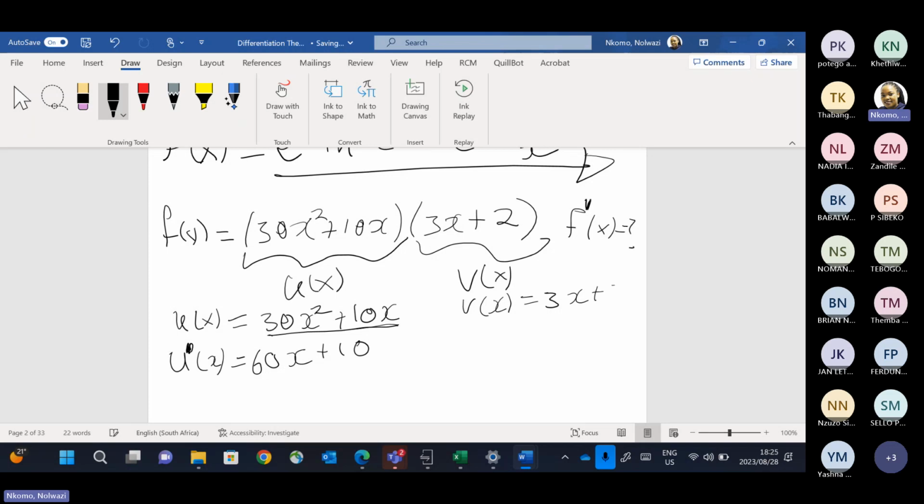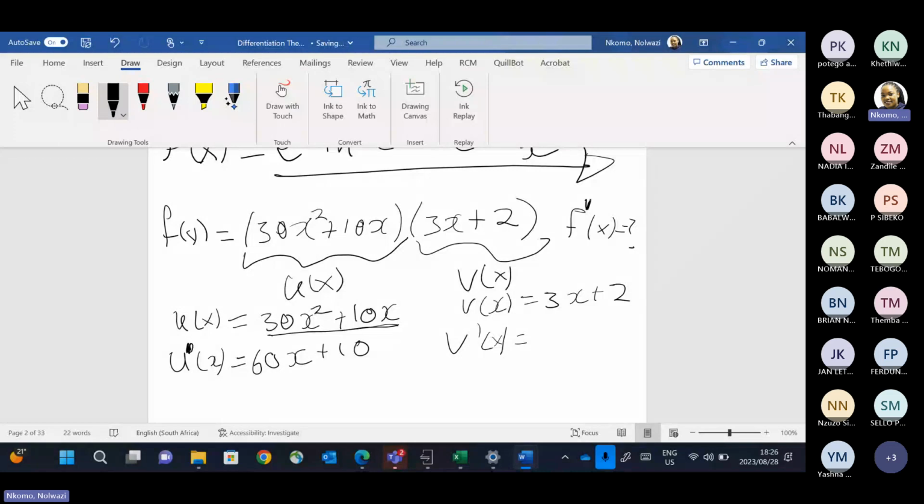Okay, and again, we have our v at x is 3x plus 2, and we are asked to find v prime at x, because for us to apply the product rule here, we need u prime and v prime. Okay, if our v at x is 3x plus 2, this means to get v prime, we need to apply a power rule again.